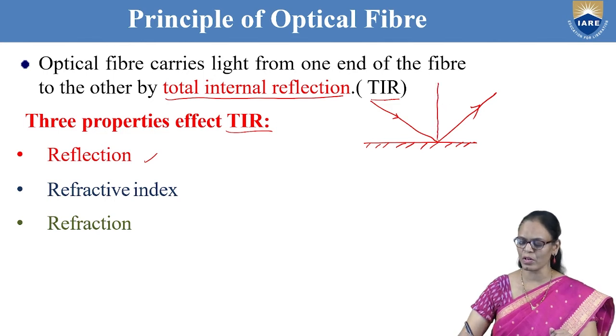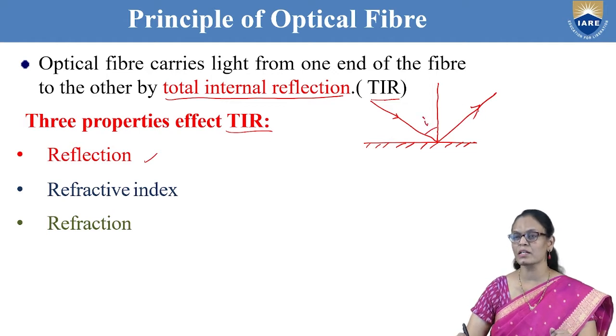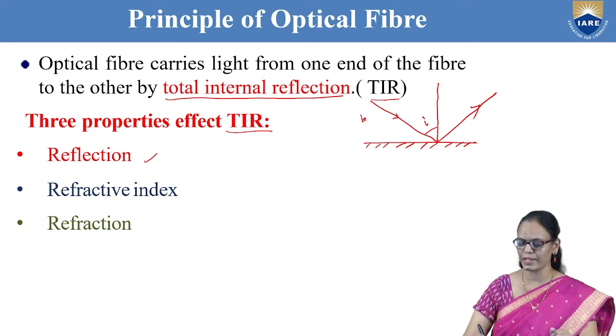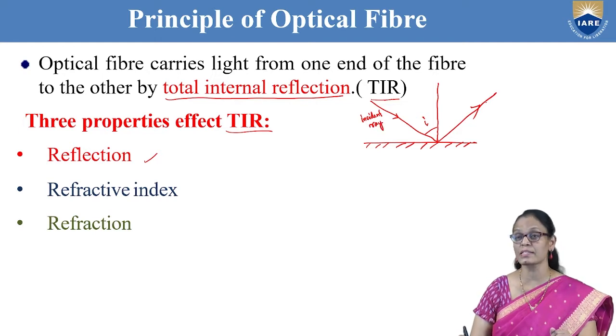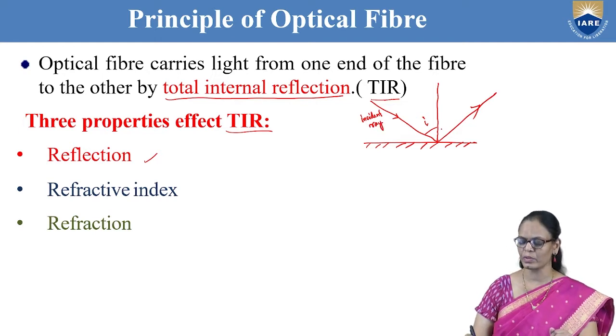So when I draw a normal here, this is the incident ray, this is the angle of incidence, and this is the reflected ray. The incident ray is incident on the surface and it is getting reflected back into the same medium.